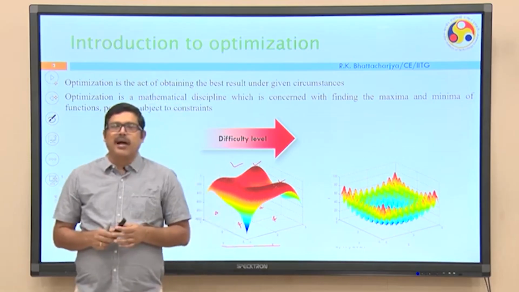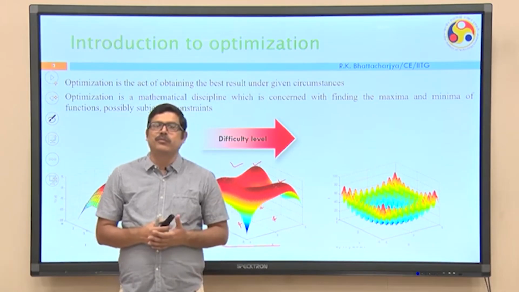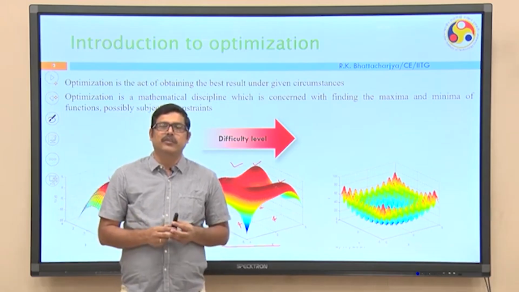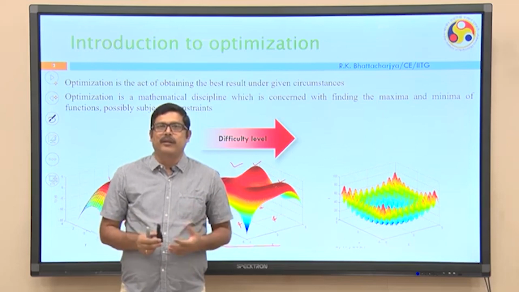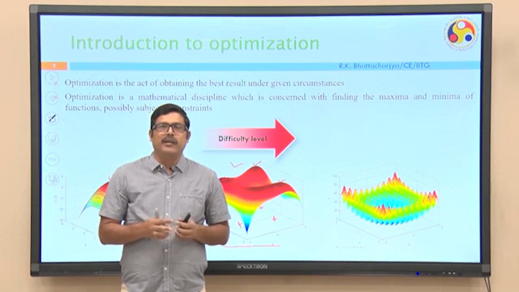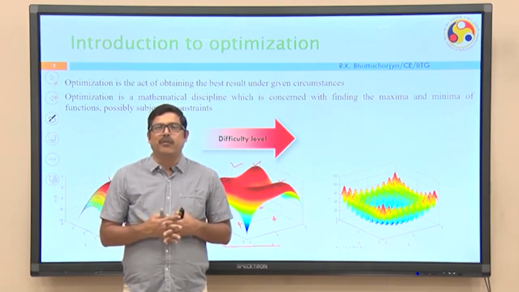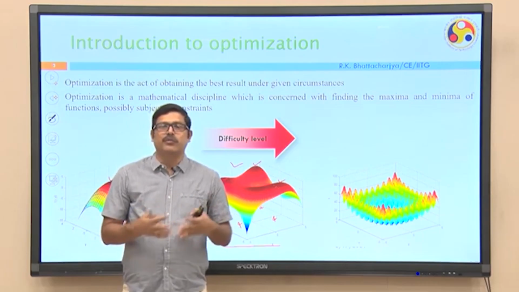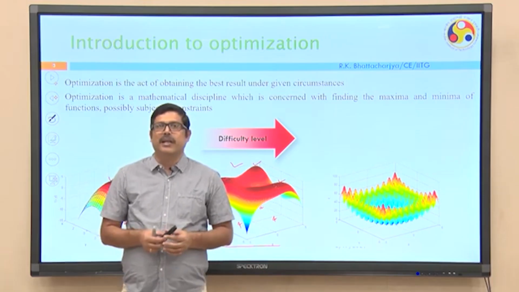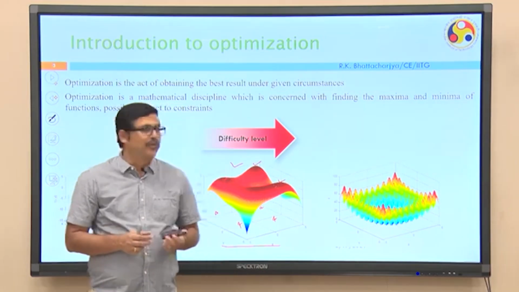But still I say that this problem can also be solved using a classical method. You just change your initial solution and you may get one of the optimal solutions, and if you do some random trials, probably you may get all these 4 optimal solutions of this problem. So you may apply a classical method in this particular problem.